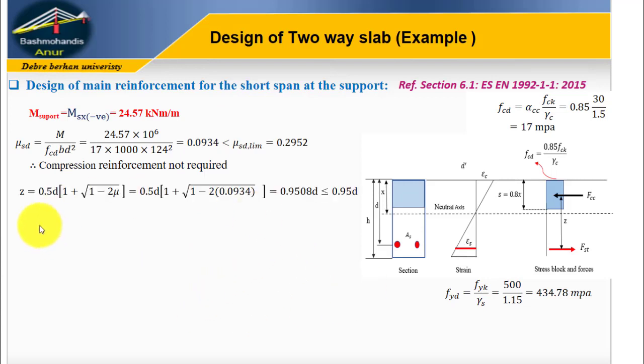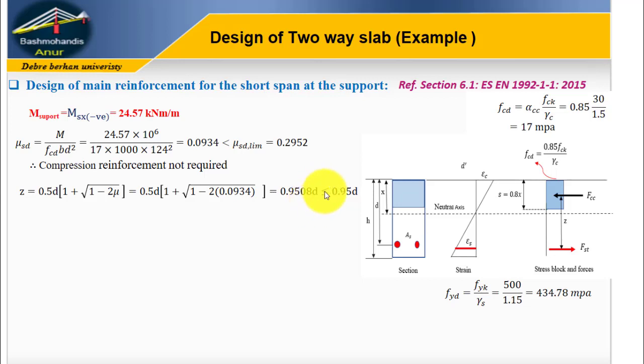Okay, next is to calculate z, the parameter z. Formula for z equals 0.5 d into 1 plus square root of 1 minus 2 mu sd. Substitute mu sd here, and z equals 0.9508 d comes out, in terms of d.